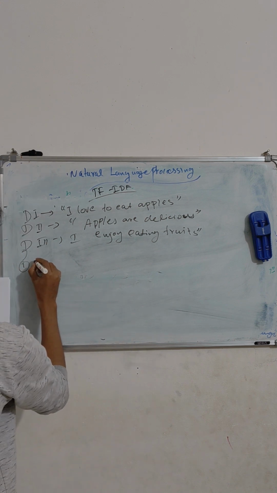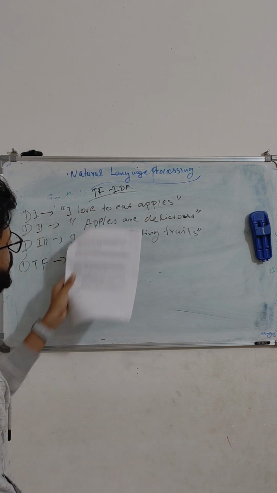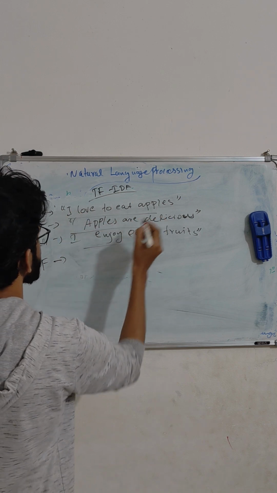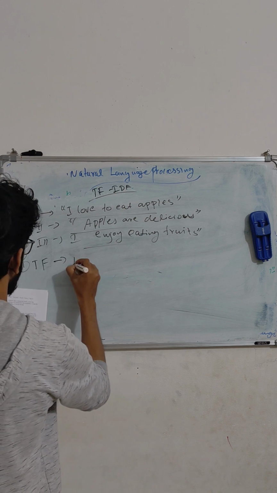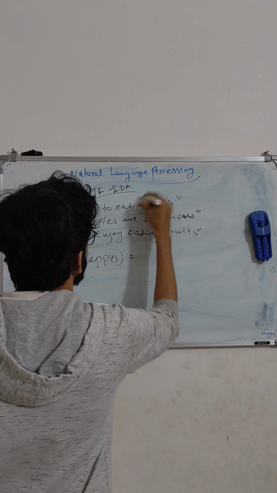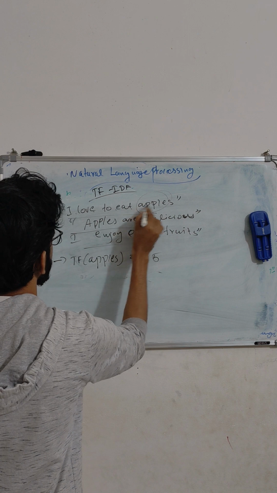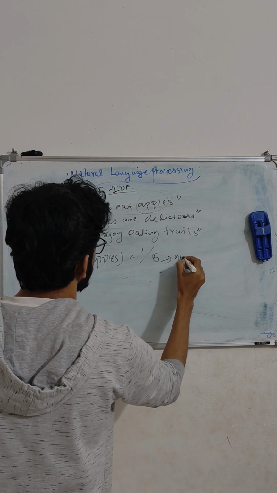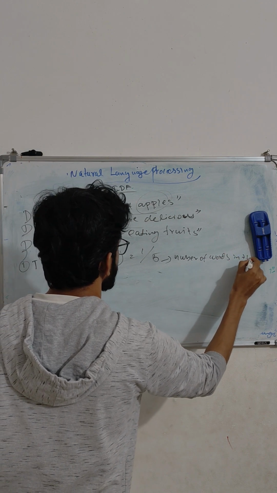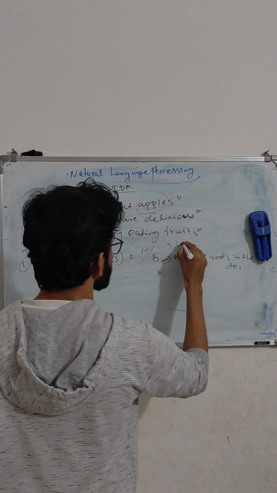The first step is calculating term frequency, which is nothing but how many times each of these words occurs inside one of these documents. So let's say I love to eat apples. We have to calculate TF of apples first, which is apples occurring only 1 time, divided by the total number of words in that sentence. So it's 1, 2, 3, 4, 5. That's the number of words in the doc.